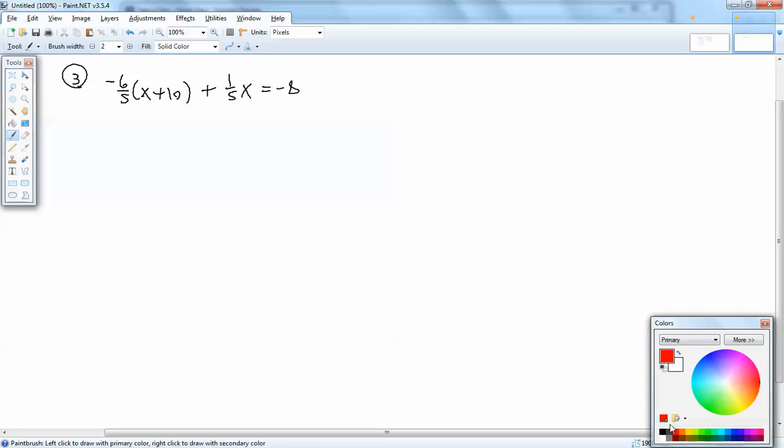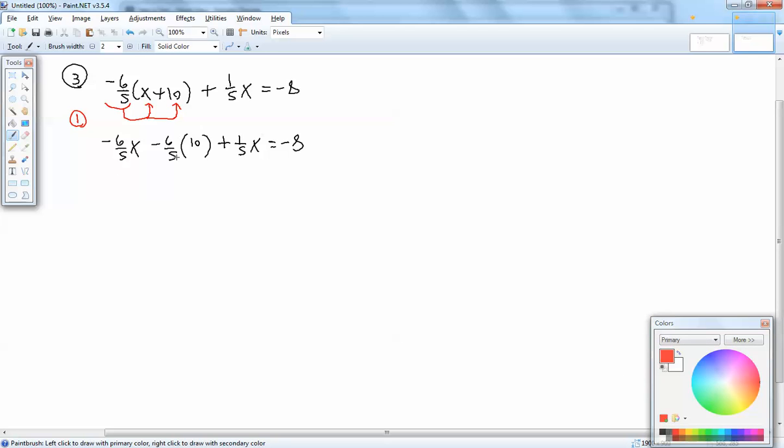And we'll go through our 4 steps again. Our first step is to get rid of parentheses. So I'm going to take this negative 6/5, and using the distributive property, I'll multiply it times the x and times the 10. So we got negative 6/5 x minus 6/5 times 10 plus 1/5 x is equal to negative 8.